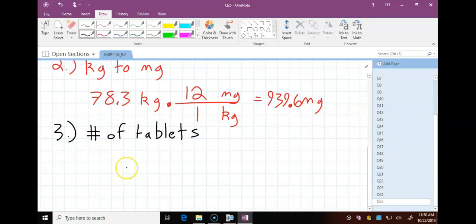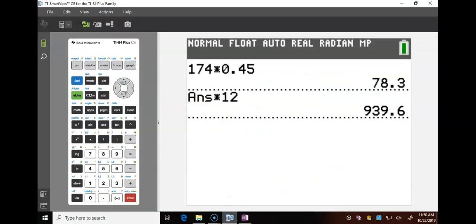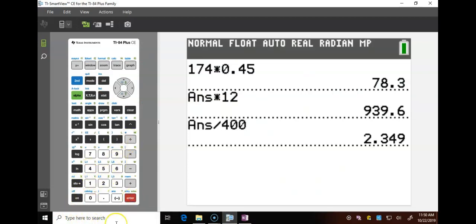And all you have to do is take the 939.6 that we found, divide it by 400, because we got to see how many times 400 goes into that, and that's how many tablets we'll have. So when we go to our calculator, we take the 939.6 divided by 400, and that gives us 2.349.